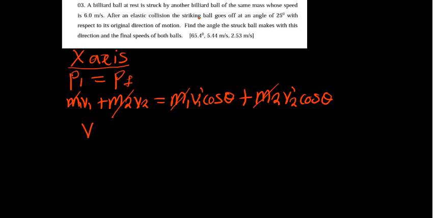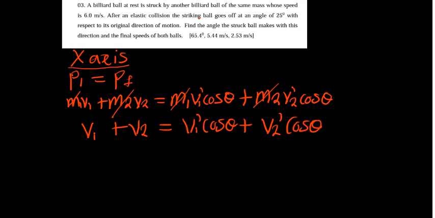So what's going to remain is v1 plus v2 is equal to v1 prime cos theta plus v2 prime cos theta. From this equation, we are going to call it equation number one.